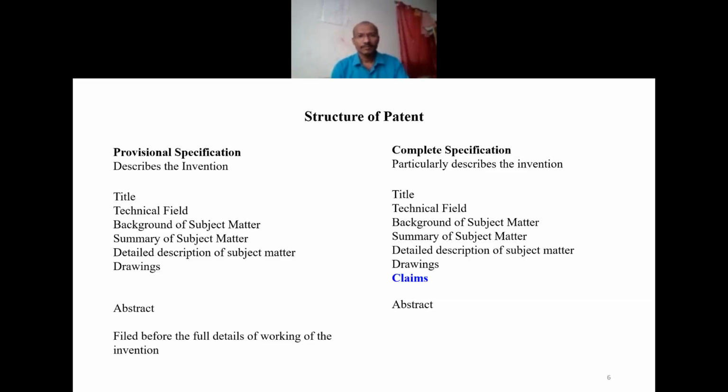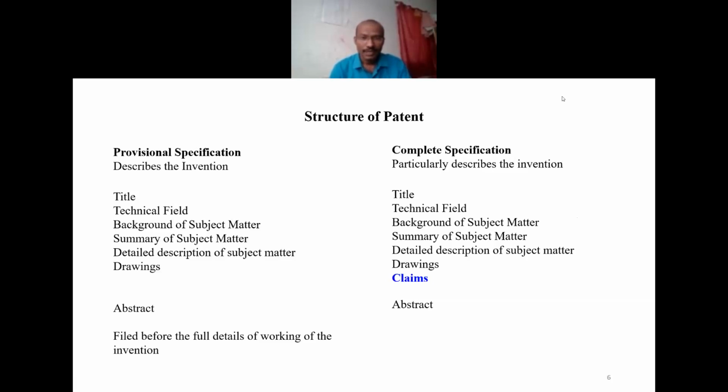Now the particular difference between the provisional specification and complete specification is that provisional specification describes the invention, but complete specification, along with the description of the invention, describes the manner in which the invention should be carried out.